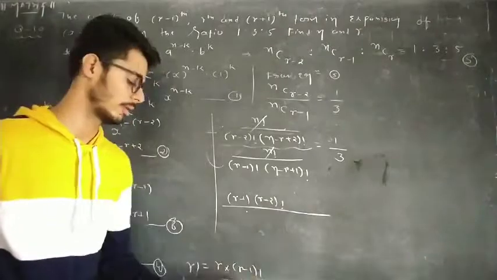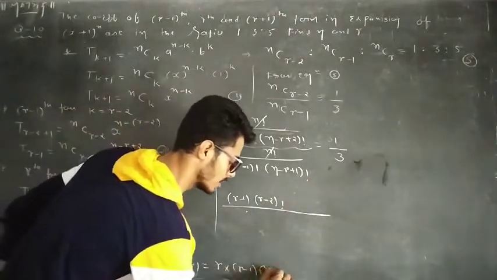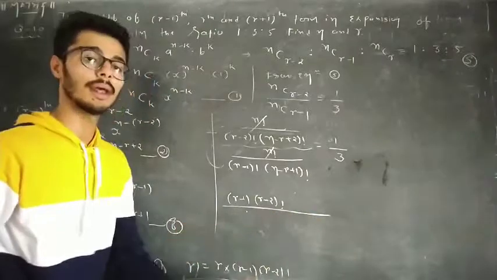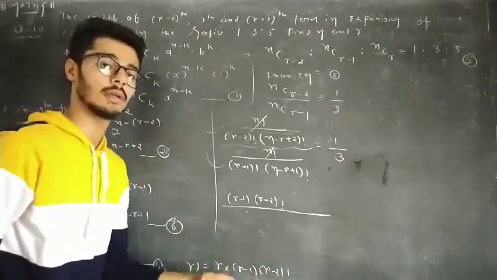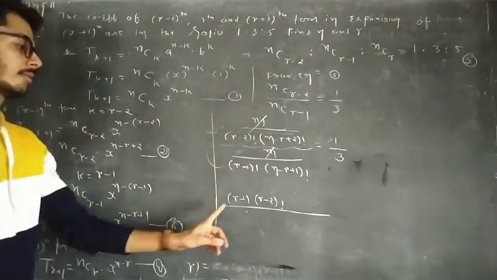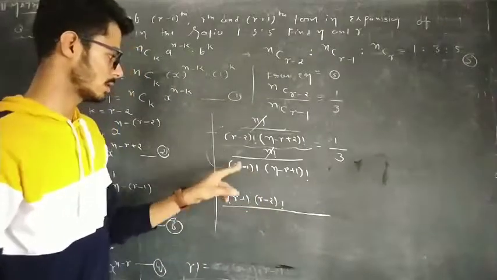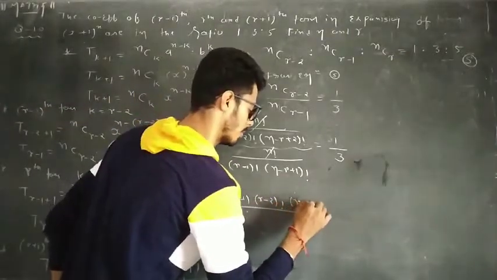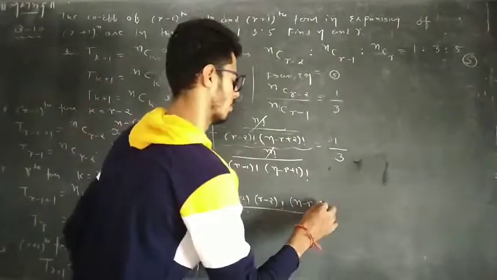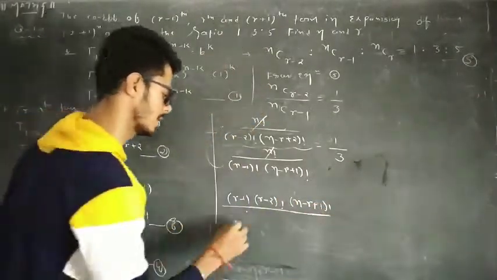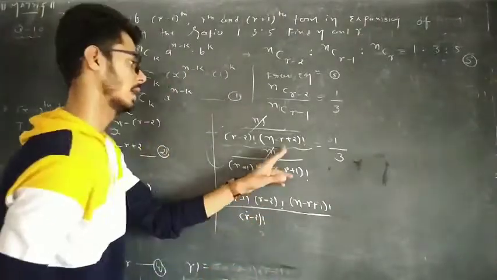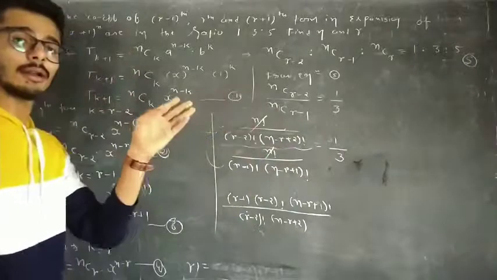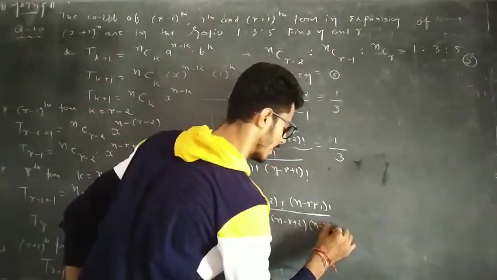If we want to break it further, we write (r minus 1) factorial as (r minus 1) into (r minus 2) factorial, going down up to 1. Similarly for the other term, (n minus r plus 2) factorial is (n minus r plus 2) into (n minus r plus 1) factorial.